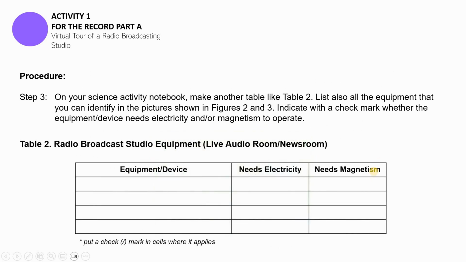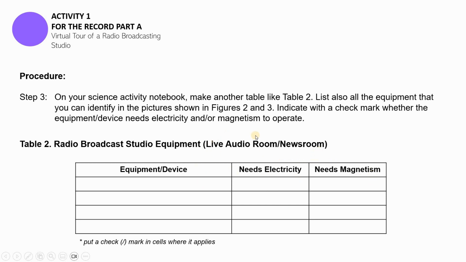Just like table number 1, you're going to be drawing actually the same kind of table, but this time your reference is different from table 1. This time your reference was the live audio room or newsroom.